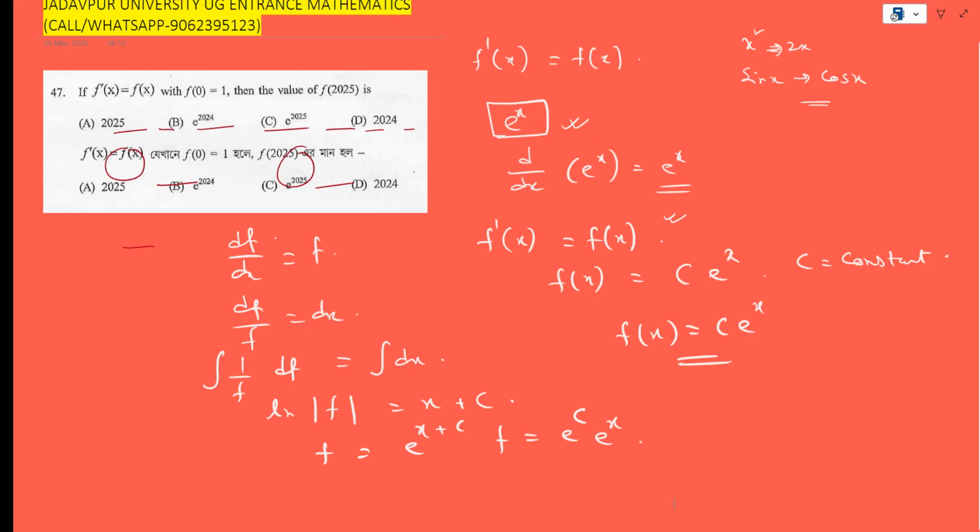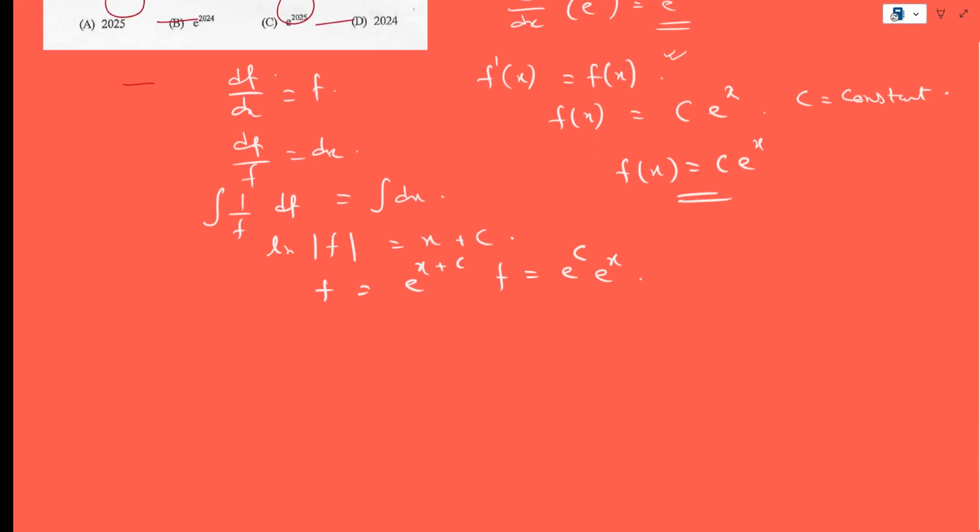Now we use f(0), this is 1. Substitute in f(x) is equal to c into e to the power x. So f(0) is c into e to the power 0. But we know that e to the power 0 is 1, right? Therefore, c is 1.